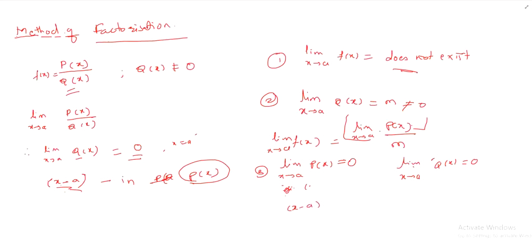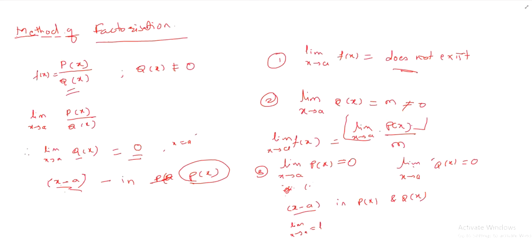I repeat it again: if the limit of the numerator and the denominator is 0 in both the polynomials, then there is a common factor x minus a in p of x and q of x. Then we have to find that factor and cancel it from numerator and denominator, and then we can evaluate the limit of the remaining function, it will exist, and we have the answer.